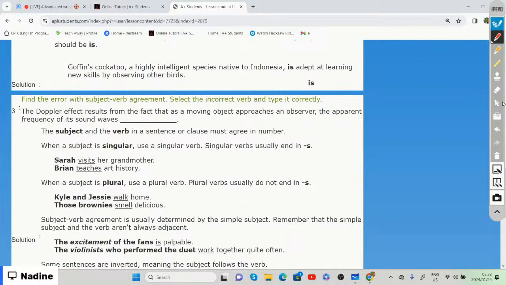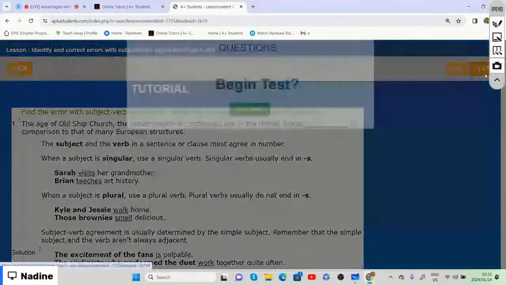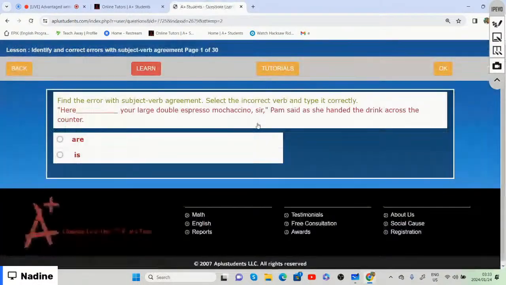All right, so let's go to our test. So we're going to find the errors with subject-verb agreement, and we're going to select the incorrect verb and type it correctly.